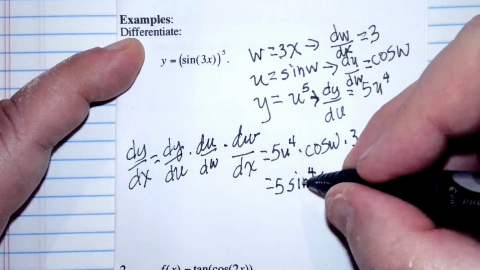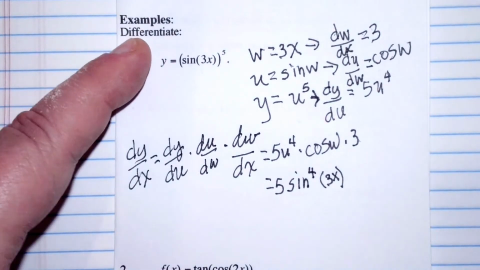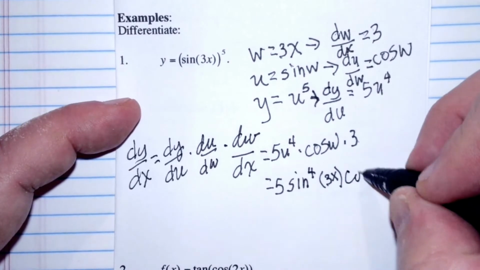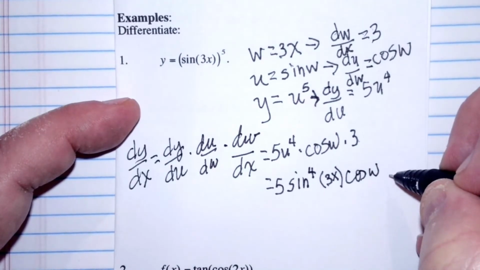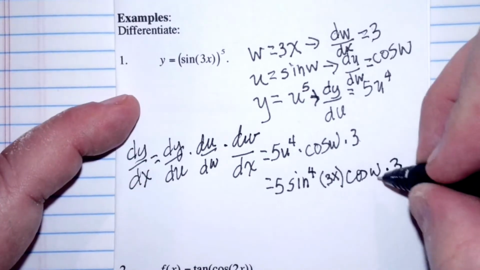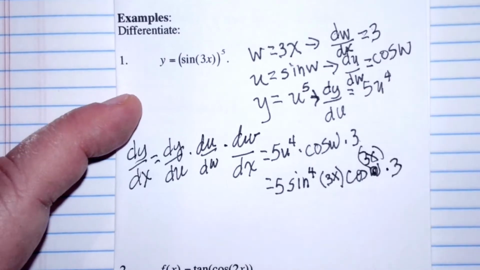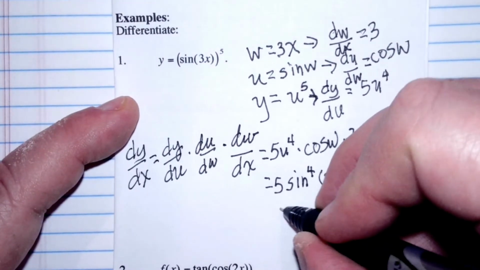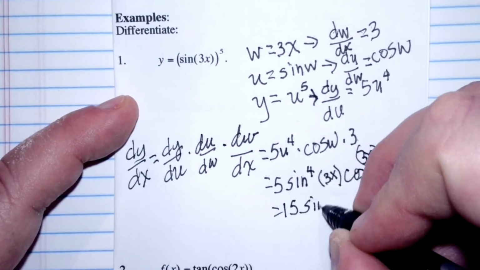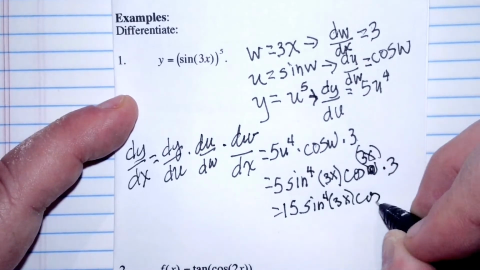I'm going to go ahead and write everything in terms of x, so w is 3x. Then we've got the cosine of w, and then we've got 3. I'm sorry, I left out, that should be 3x. And so we could go ahead and combine the 5 and the 3 and make that 5 times the sine to the fourth of 3x times the cosine of 3x.